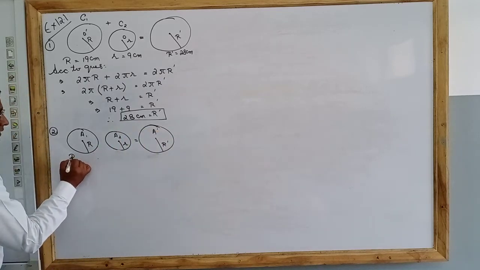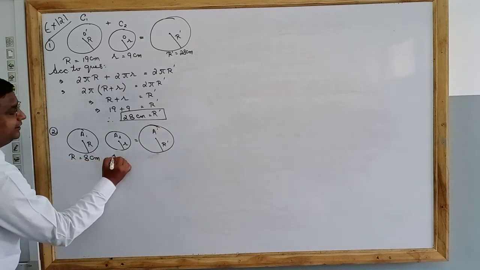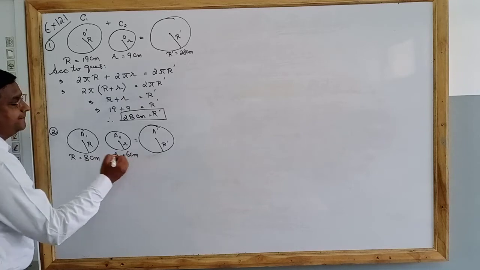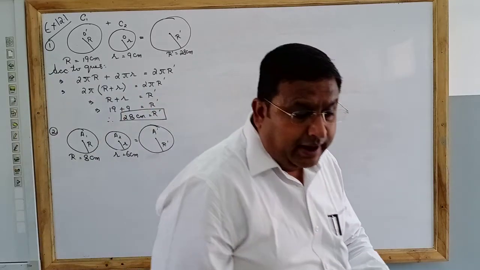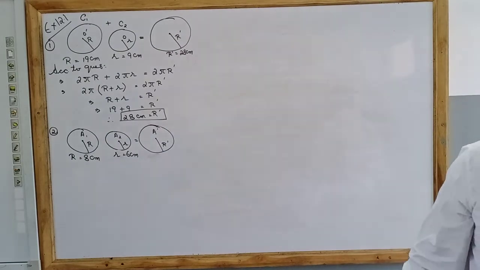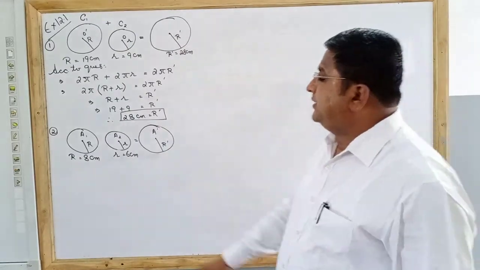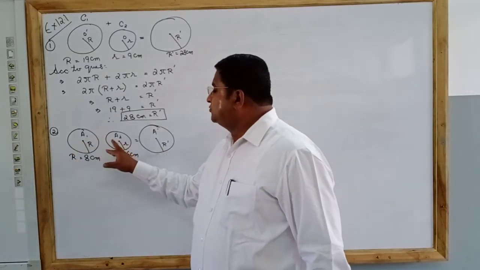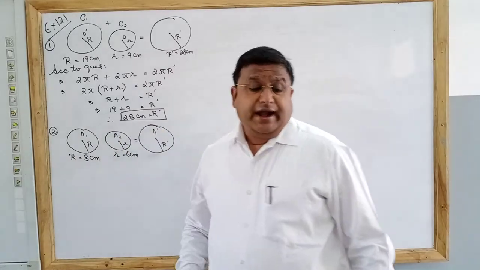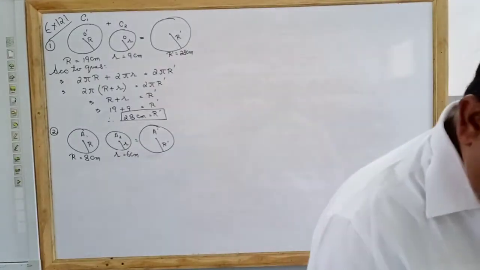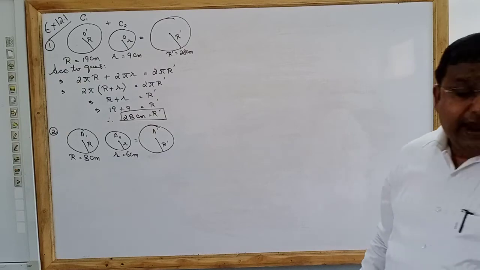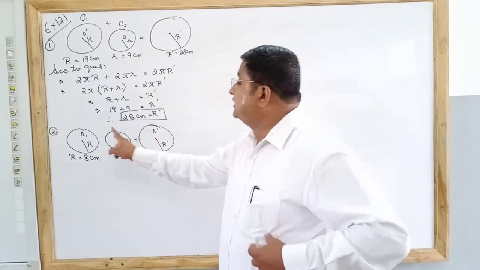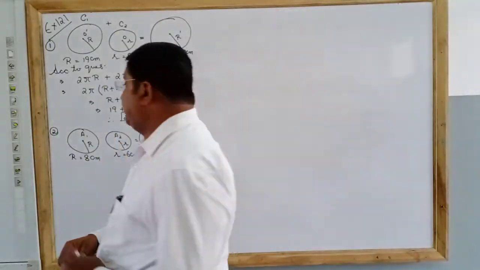What is capital R? According to the question, 8 centimeter, and small r is 6 centimeter. Let me read the question, let me check. He says the radii of two circles are 8 centimeter and 6 centimeter. Radius of the bigger one is 8, smaller one is 6. He says find the radius of the new circle having area equal to the sum of these two.